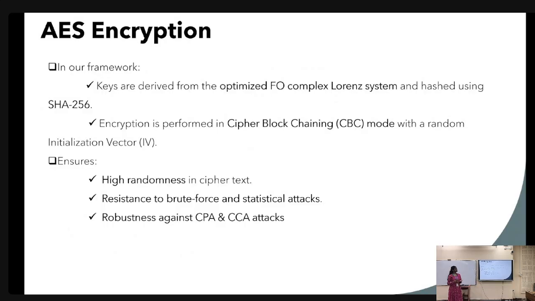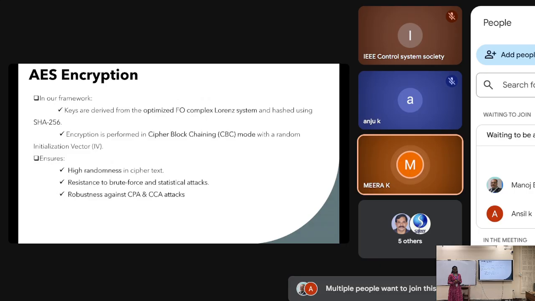We are using this for protecting the mechanism from CPA and CCA attacks. That's how our ciphertext will be highly random, and it has good statistics from a cryptographic perspective.